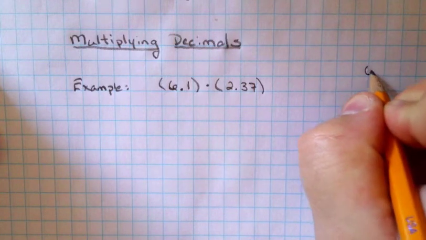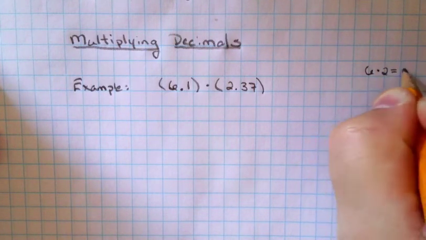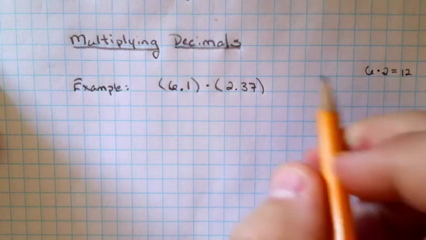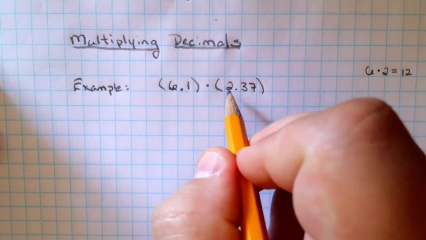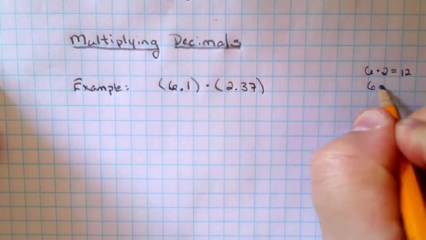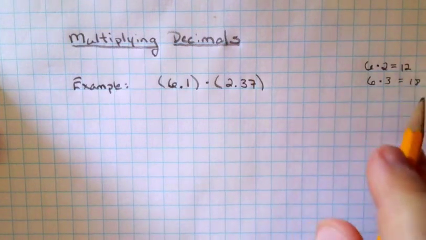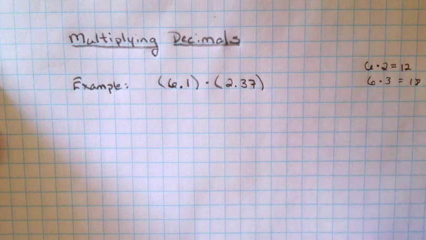Because 6 times 2 is 12, and if we go to the extreme, I've got 6 times 3, which is 18. So I'm probably going to be somewhere between 12 and 18 when I get my final answer out.